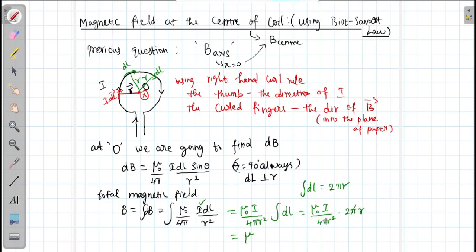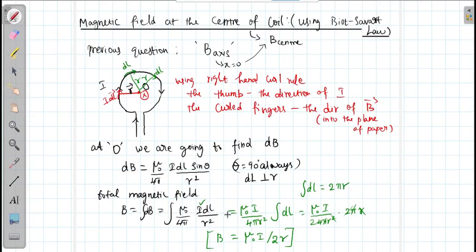So cancel the terms: pi cancelled, square and r cancelled, and 2 alone remains. So the answer will be mu naught I divided by 2r. Here in this case, except dl, all the terms are constants. But in the previous case, it is entirely different. We had to solve all those things.